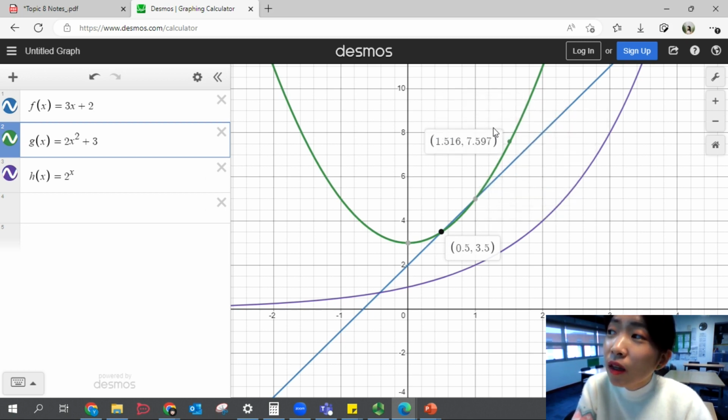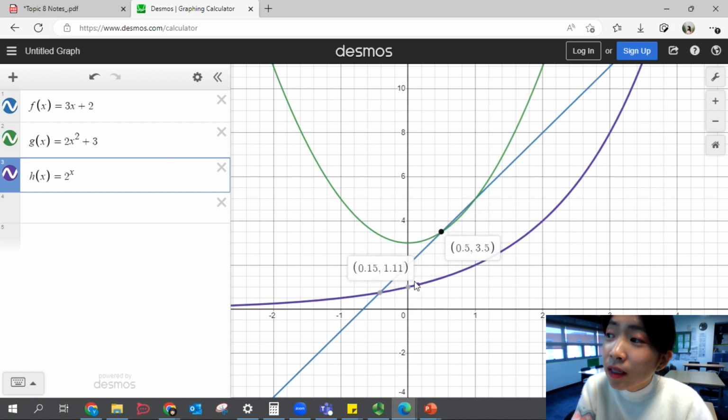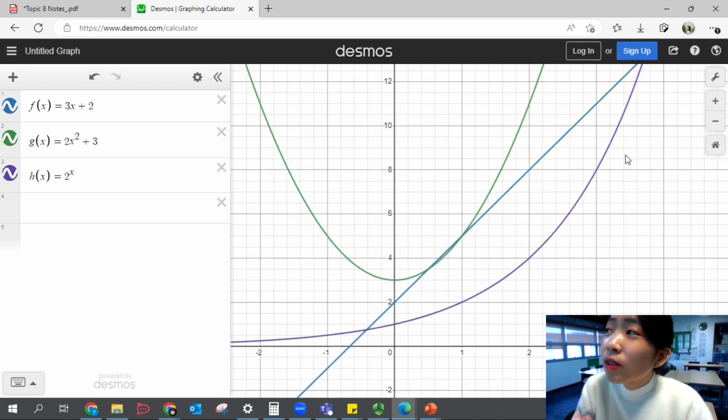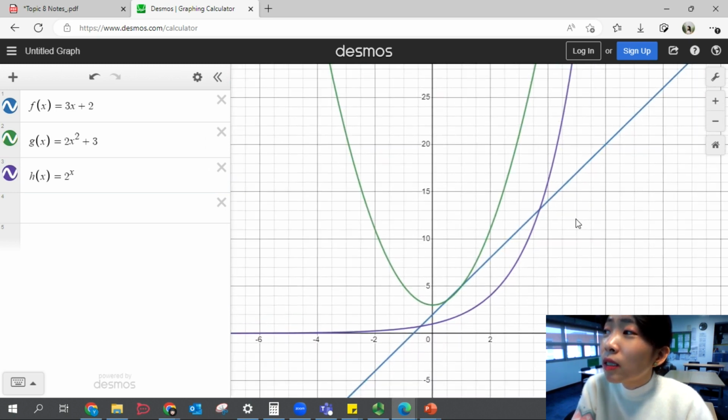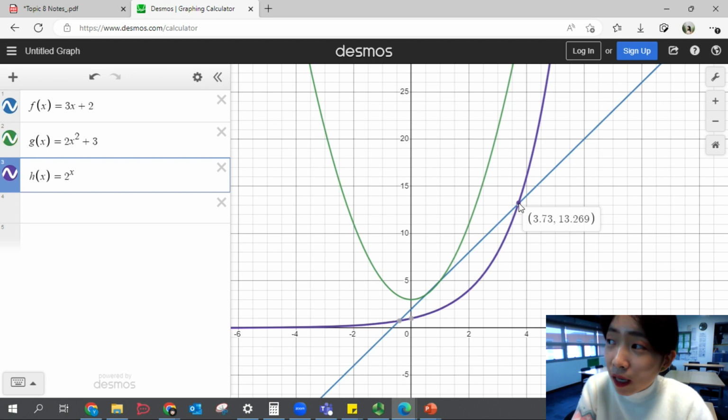You see that? Look at the purple one. It looks like it's out of the game in the beginning, right? It's way lower than the other two lines. But if you keep going up, there is a point where h of x exceeds f of x, and that's when x is 3.717, and the y value is going to be 13.151.